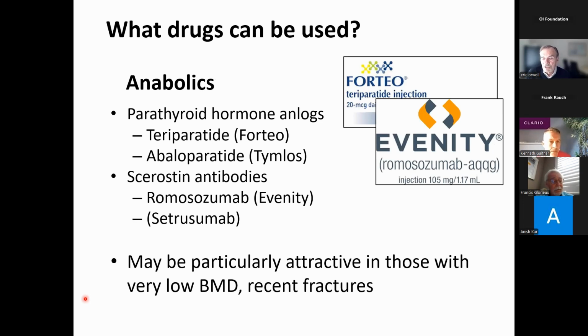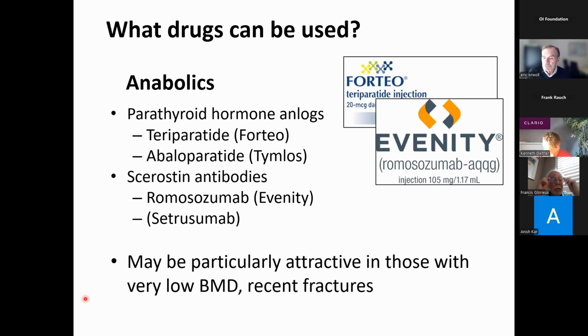The other major kind of drug that we have available, again, pioneered in people with osteoporosis, are called anabolics. They're called anabolics because they don't reduce bone breakdown, they stimulate new bone formation. A very different mechanism of action compared to the anti-resorptives.